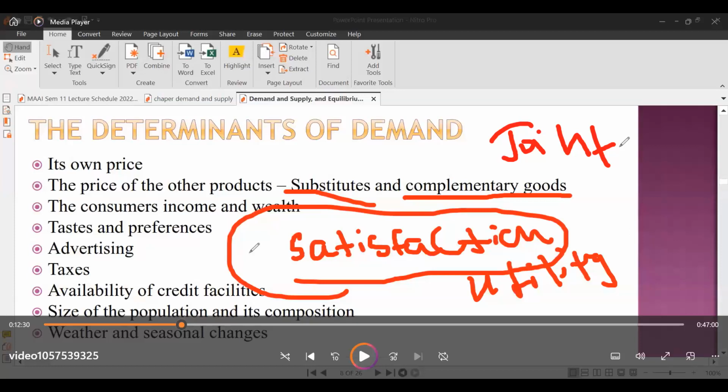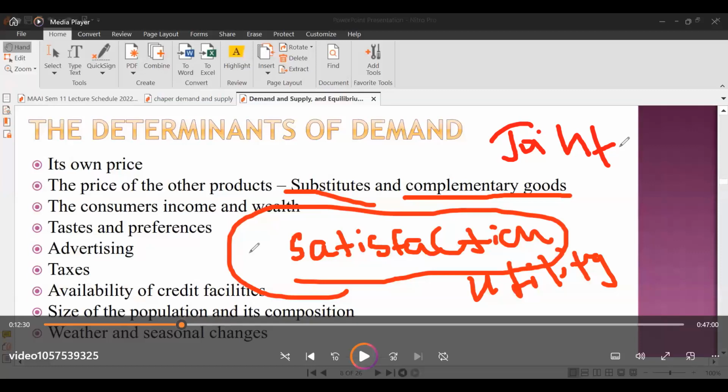So we have to consider them jointly, right? The electric cooker and the electricity, the tire and tubes, the torch and battery. Likewise, we can take different examples.